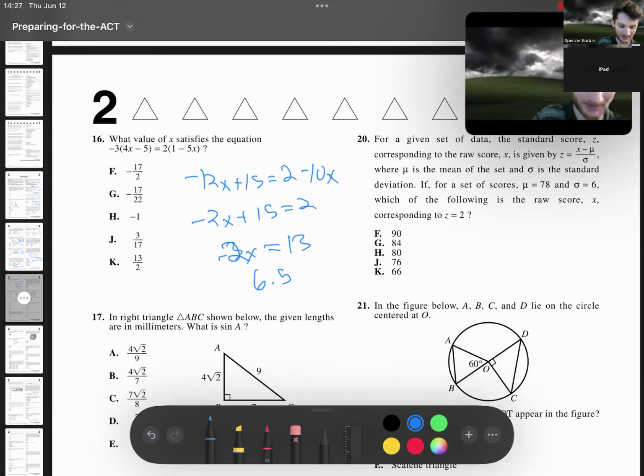If I add 10x to both sides, then it becomes negative 2x plus 15 equals 2. So negative 2x equals negative 13. Oh, so that's the answer still, right? 16K.